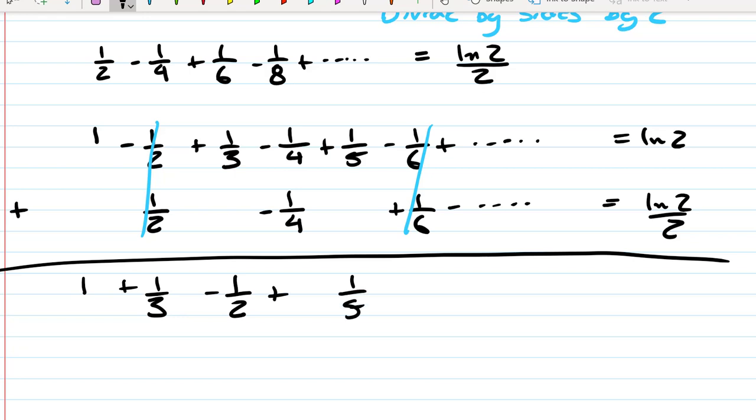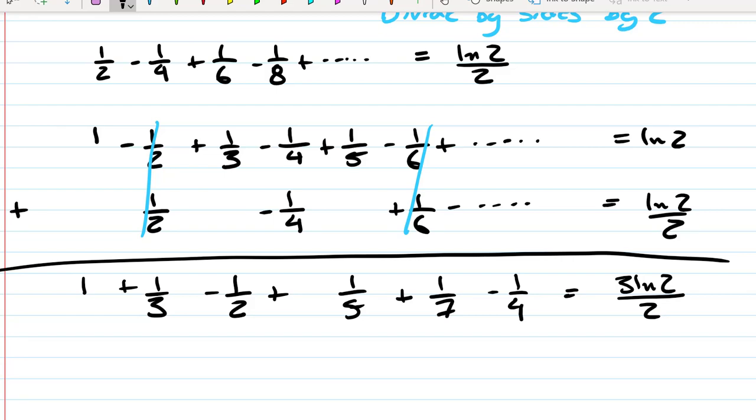Those cross out, and so forth. My next one would be plus a seventh. And then we would have minus an eighth and minus an eighth, which would give us negative 1/4 and so forth. And that would equal natural log of 2 plus natural log of 2 over 2. So that would be 3 natural log of 2 over 2.